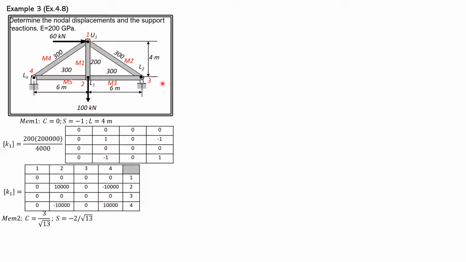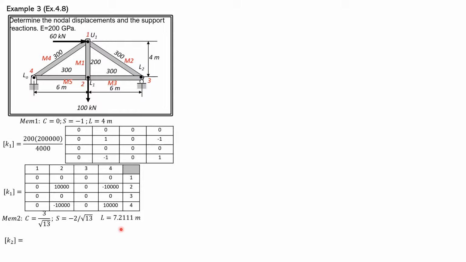So to the right for cosine, for x, it is positive, and for sine, negative. The length of that member is square root of 13, or in decimal, square root of 6 squared plus 4 squared, so it's 7.2111 meters.